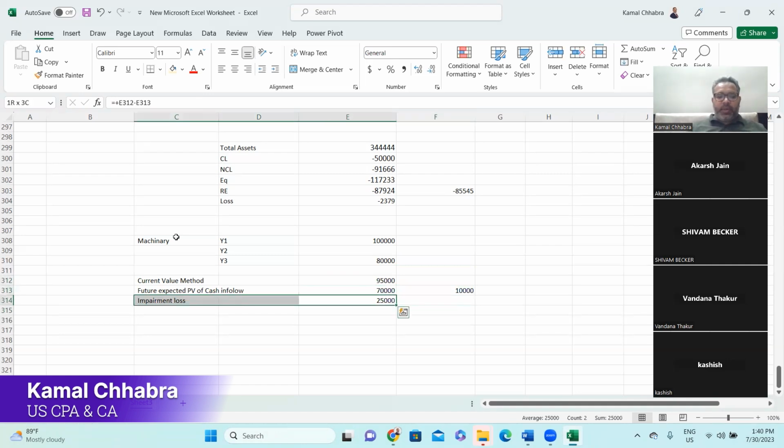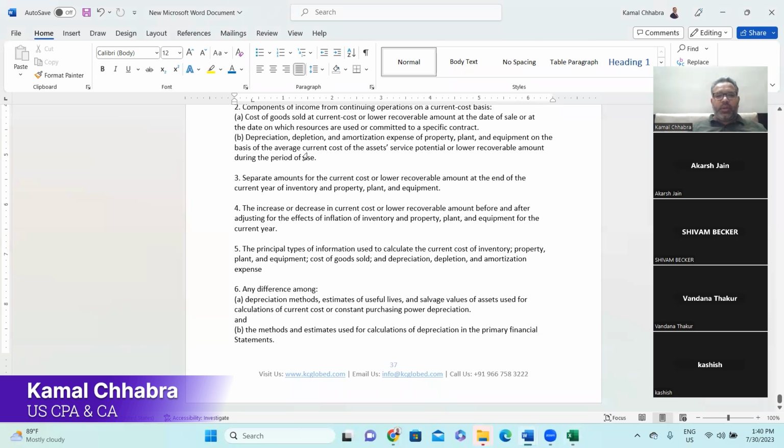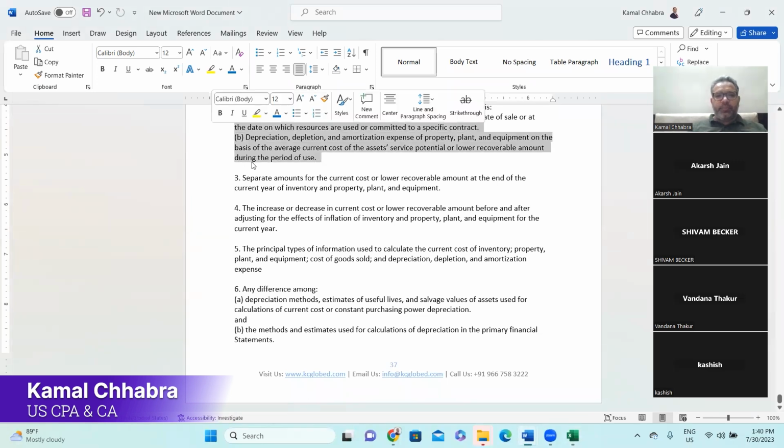So this is the impairment loss we need to disclose. Make sense? Yes, sir. So that is what this point means.